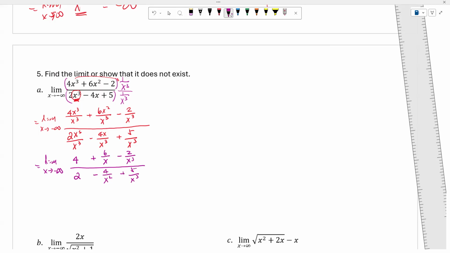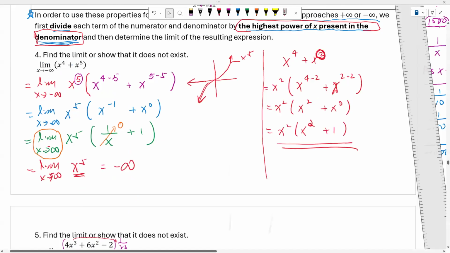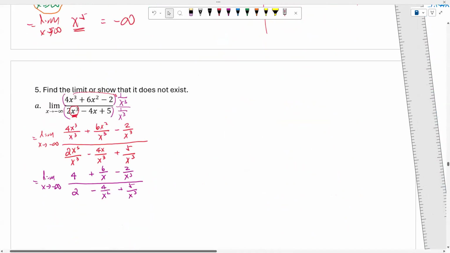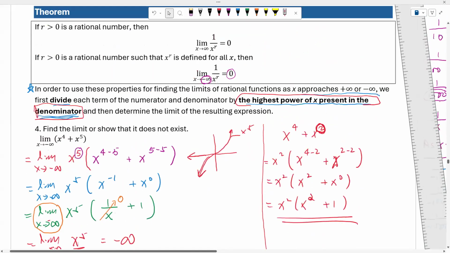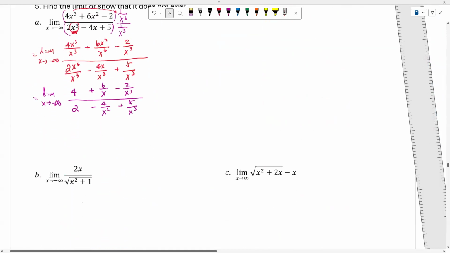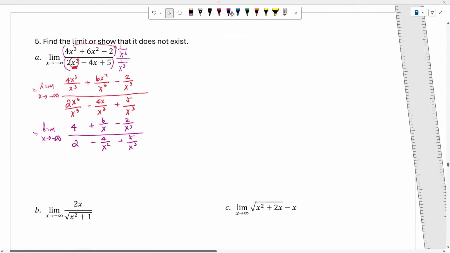And now if we apply the theorems, as x approaches negative infinity, you will see that this term goes to 0, this goes to 0, this goes to 0, this goes to 0.